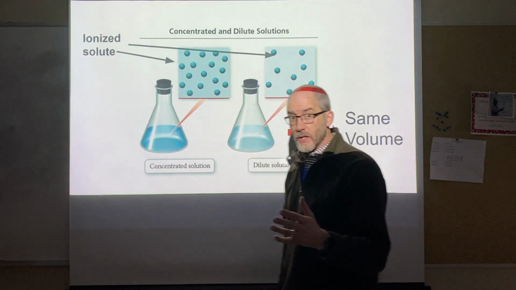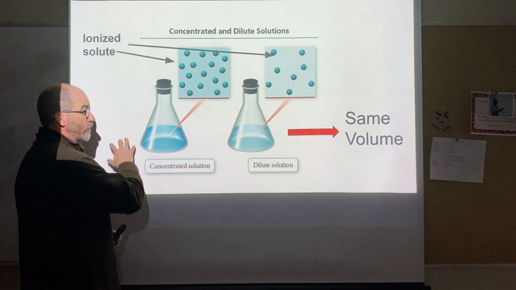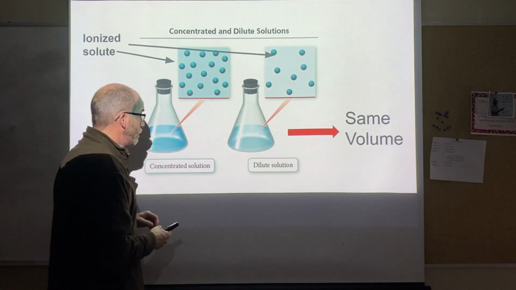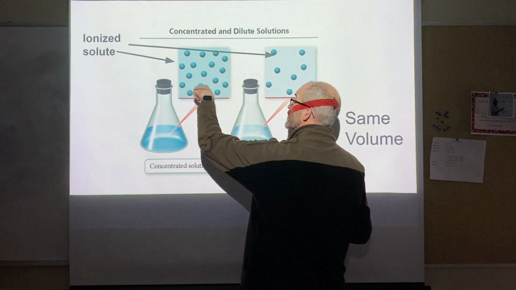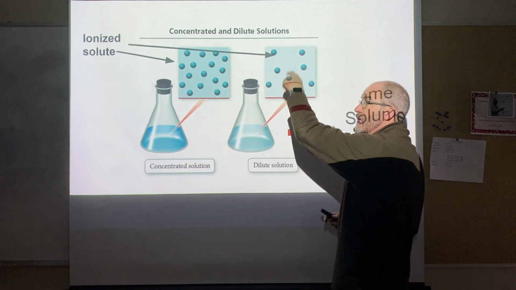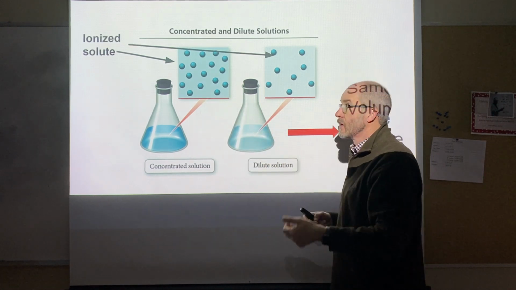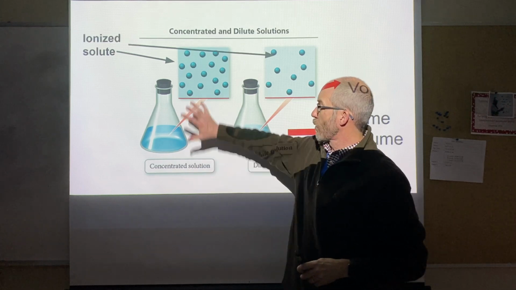So intuitively, once again, you already know that here, I've got whatever it is that I've got in my aqueous solution. You look at it and you say, wow, I see a bunch of it here, but I don't see as much of it here. Well, whatever this is, you see a bunch of it here, you don't see as much of it here, then that's more concentrated.